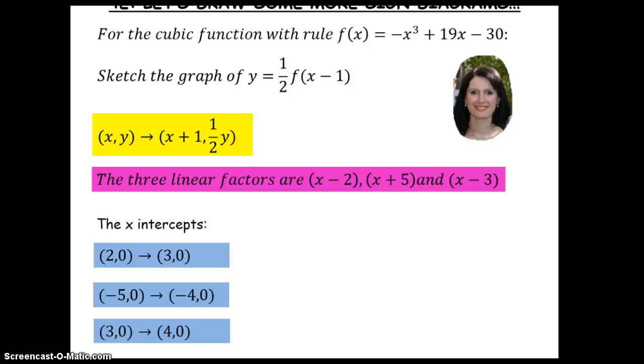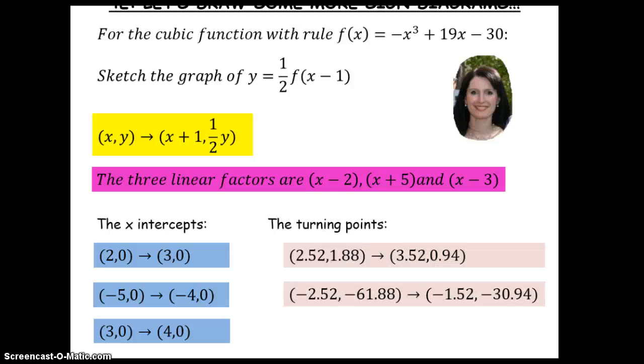When we undergo the mapping, (2, 0) becomes (3, 0) because x plus 1, so 2 plus 1 equals 3, and half of 0 is 0. For (negative 5, 0), negative 5 plus 1 is negative 4, half of 0 is again 0. For (3, 0), 3 plus 1 is 4, and half of 0 is, of course, 0.